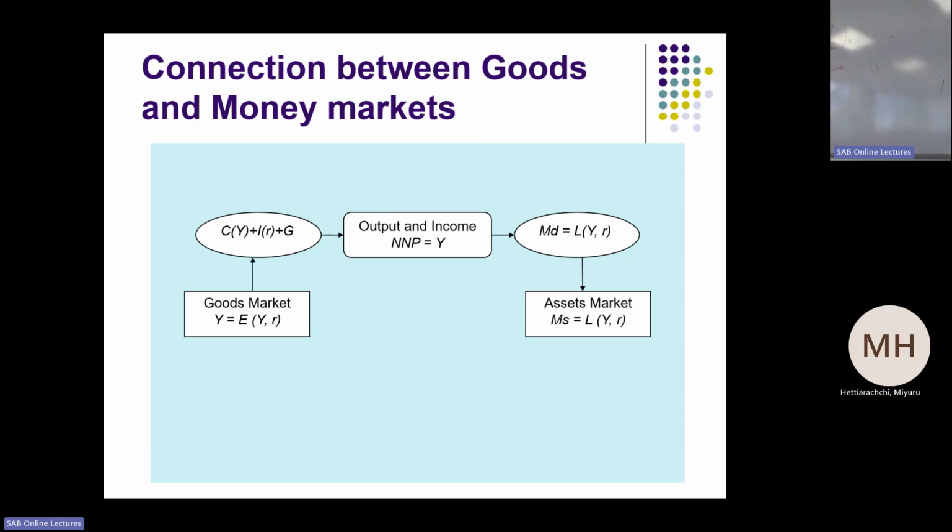For real sector equilibrium, we take this variable. In the money market, money demand equals money supply. Finally, we talk about what the equilibrium income is.